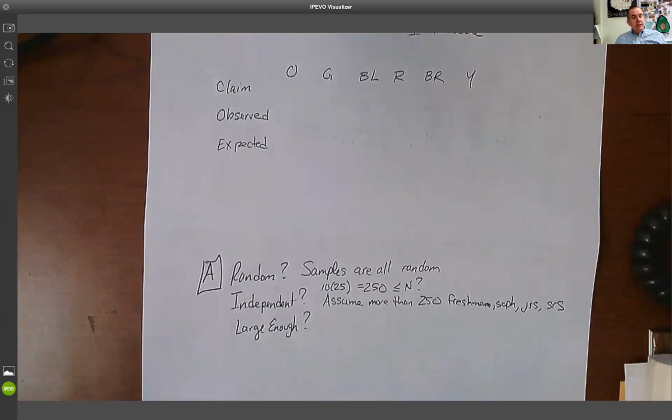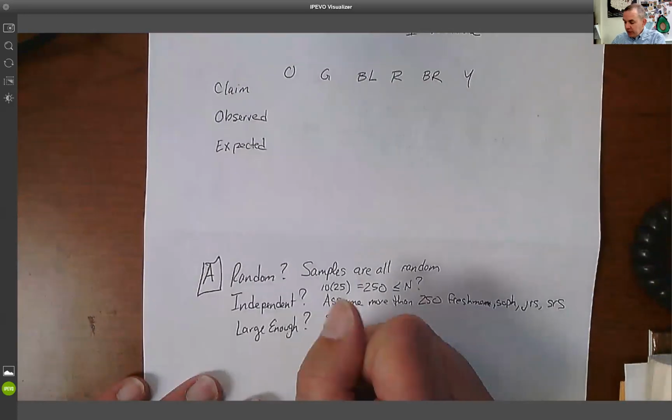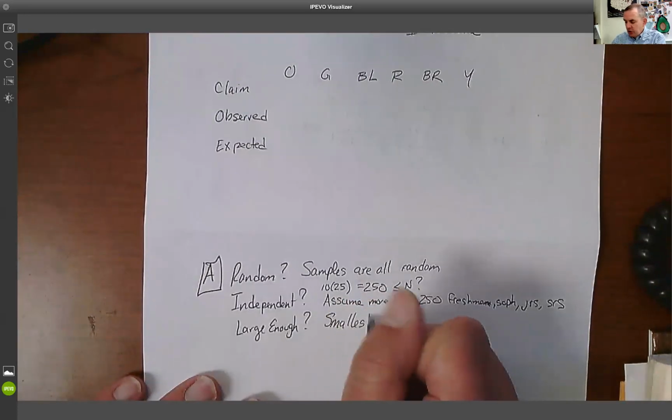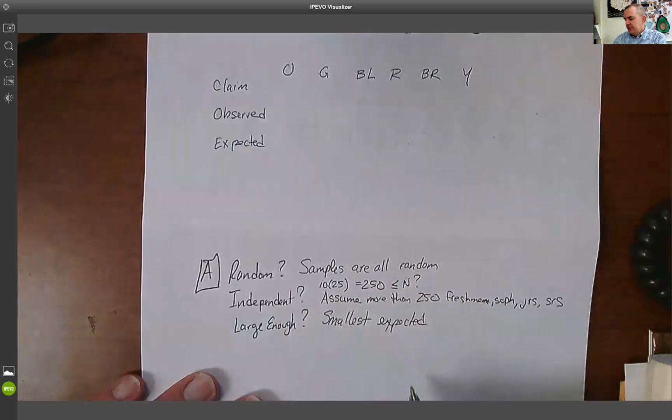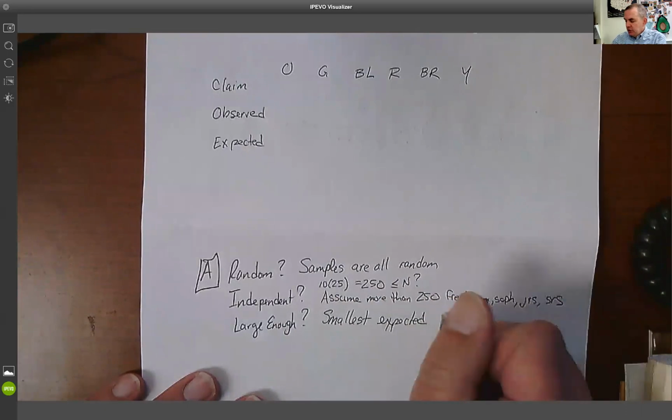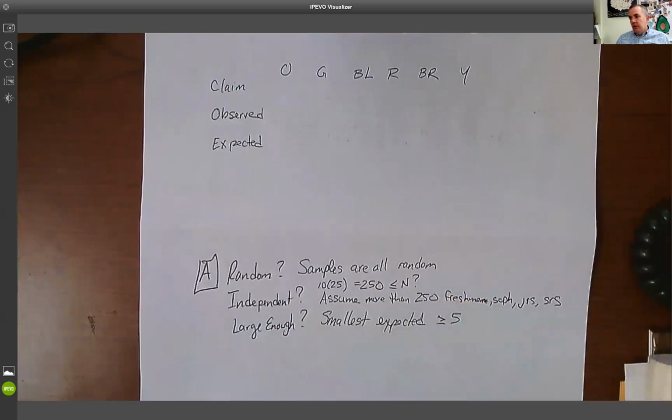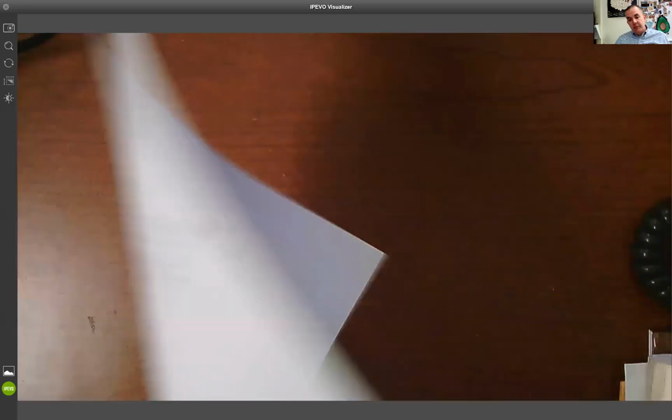Like with goodness of fit, for large enough we want to see that all of our expecteds are greater than 5. But realistically, the way we're going to think about it is that our smallest expected should be greater than or equal to 5.